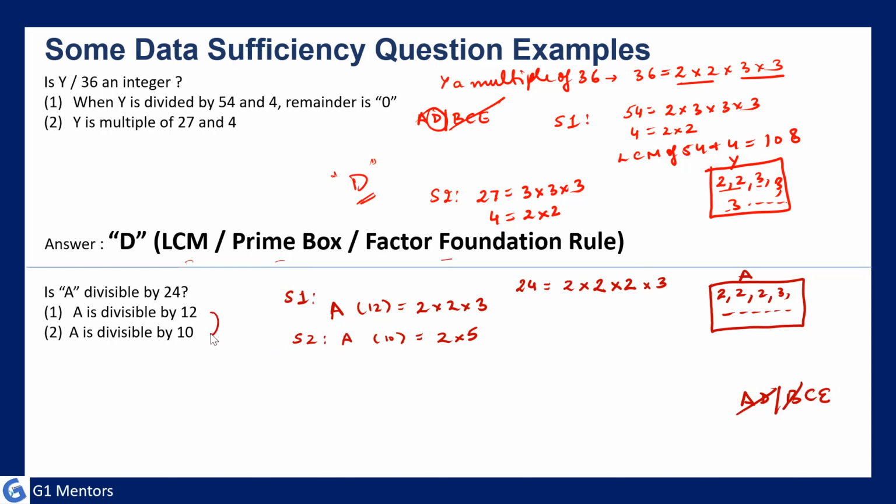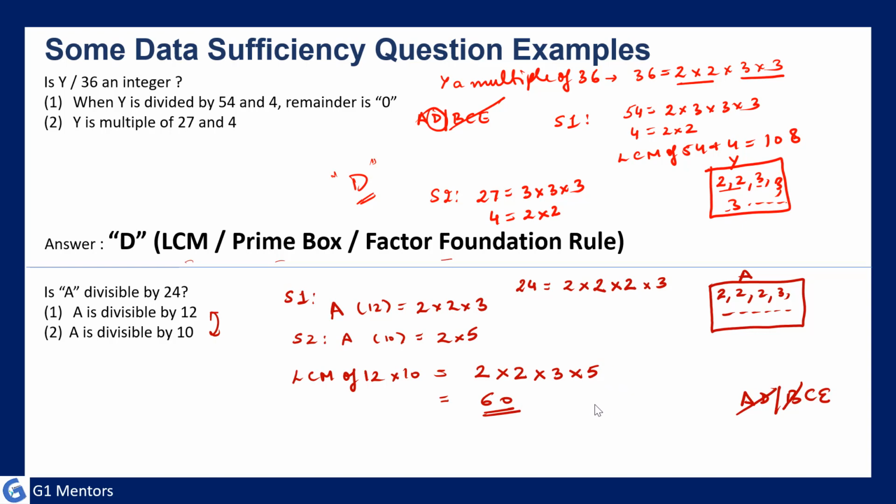Now let's take statement 1 and statement 2 together. LCM of 12 and 10, 2 into 2 into 3 into 5, which is nothing but 4 into 3, 12, 60. LCM of 12 and 10 is 60.